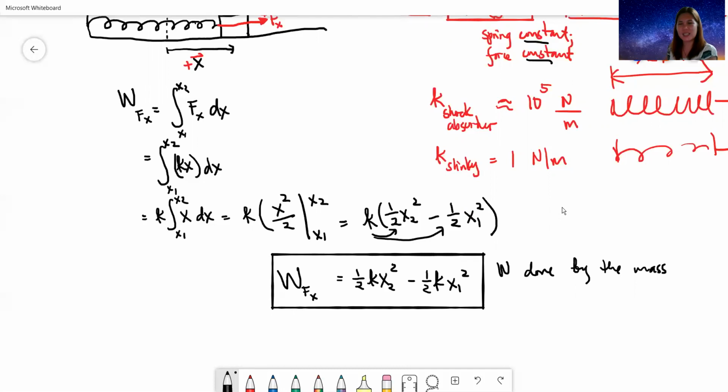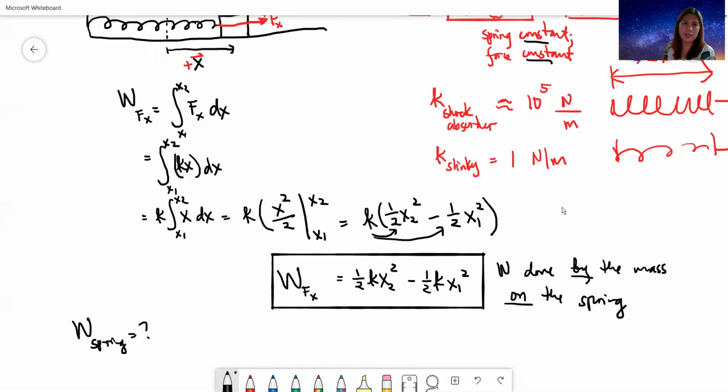Let's say a person pulled the box, something like that, since the box can't pull itself. But this is the work done by the mass on the spring. Now, if we reverse our perspective, what is now the work done by the spring?